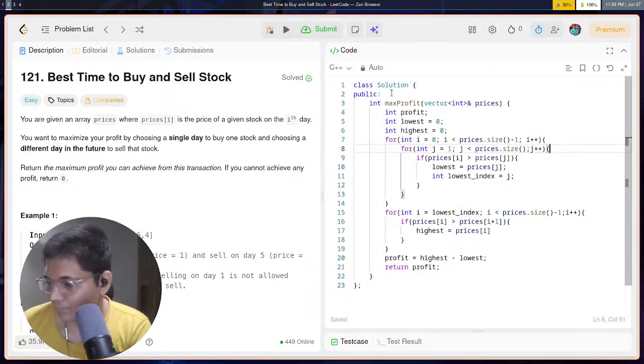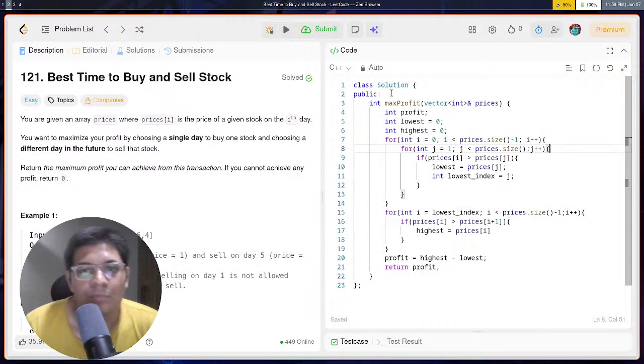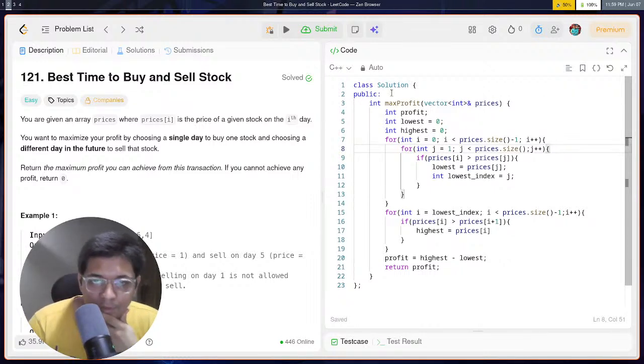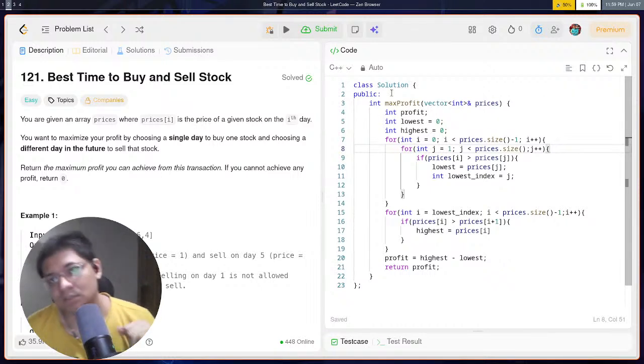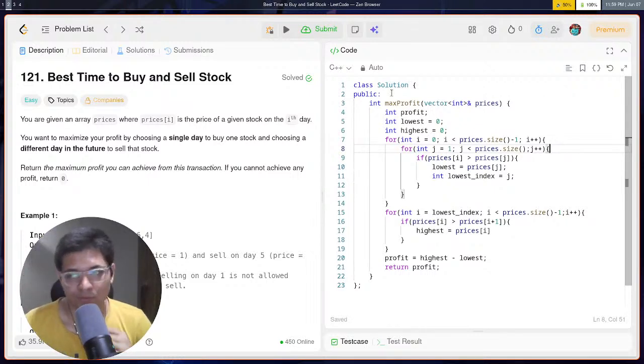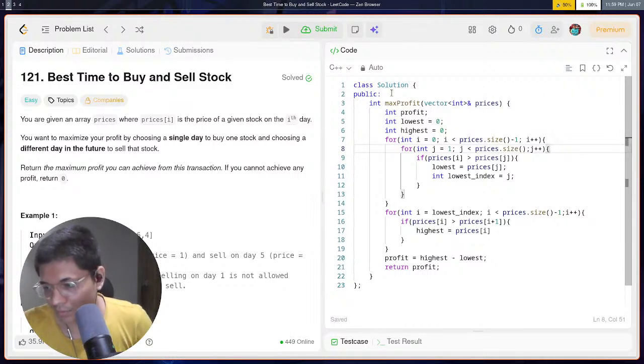Let's try run one more time. Profit, int lowest, highest, int i is equal to 0, i less than prices dot size minus 1, i plus plus. And let's check.